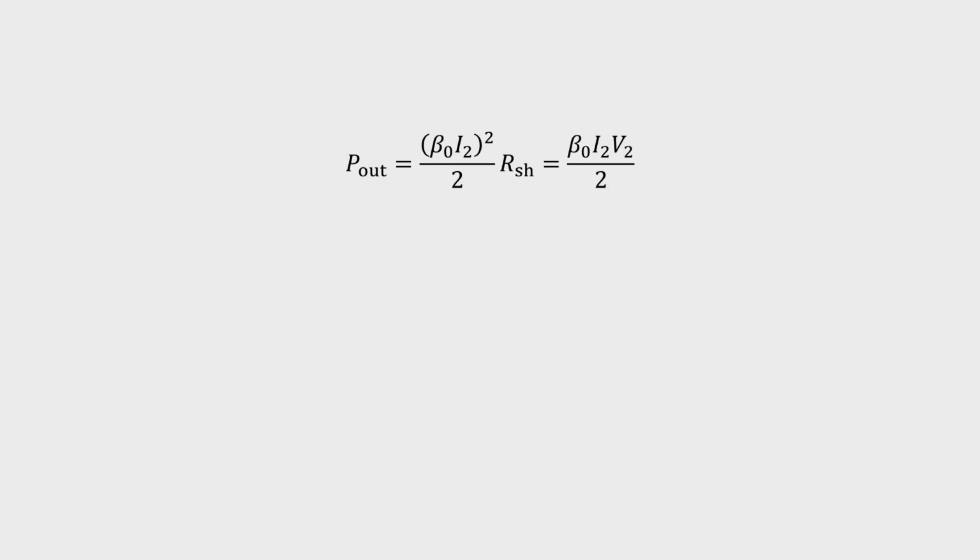Now, output power is (beta naught I2) squared by 2 R_sh, which can also be written as beta naught I2 V2 by 2, and the electronic efficiency, or the efficiency, can be written as P out by P in.